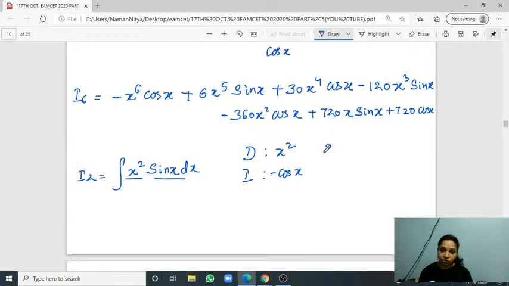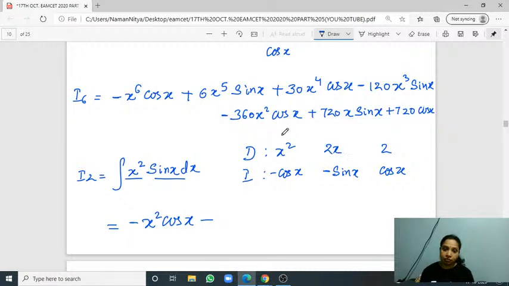Now differentiation of x square, 2x. Here integration of minus cos x, minus sin x. Again differentiation of 2x, 2, and integration of minus sin x, that is cos x. So what will be I2, definitely you just multiply and write the terms: minus x square cos x.